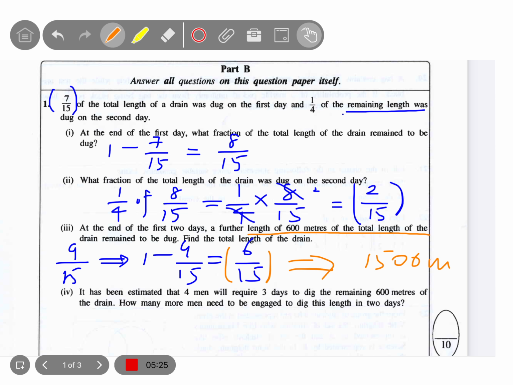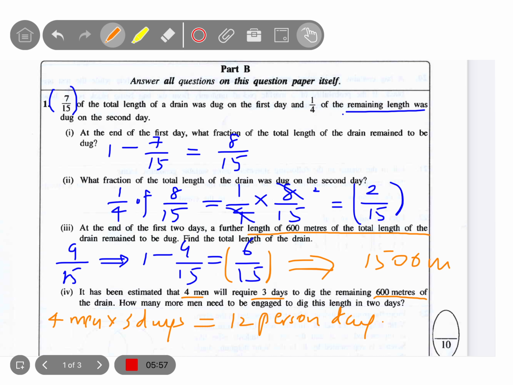To approach this kind of question, 600 meters will require 4 men and 3 days, so we need to write this in man days or person days: 4 men times 3 days. So this 600 meters will require 12 person days. To do this work you need 12 person days.